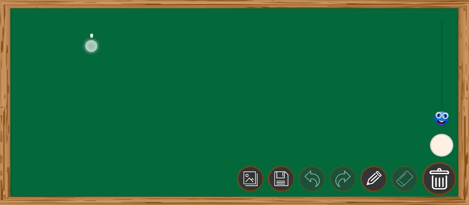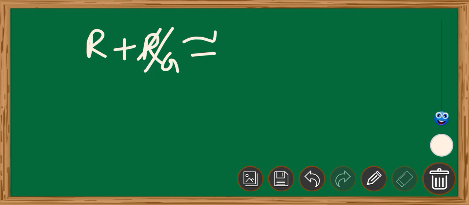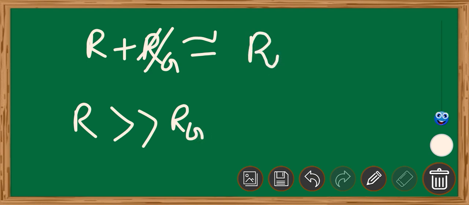So here R plus Rg is approximately equal to R, we can neglect Rg, since capital R is very much greater than Rg. So the effective resistance of this voltmeter is equal to R.